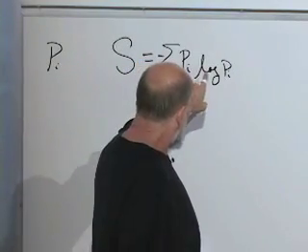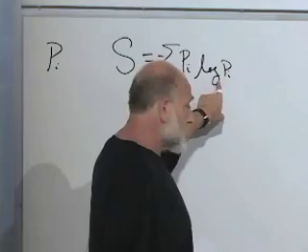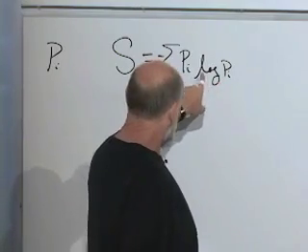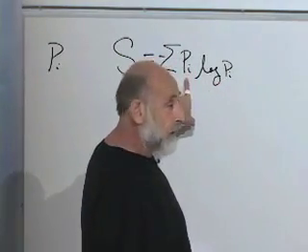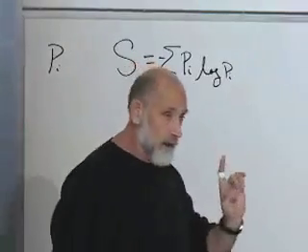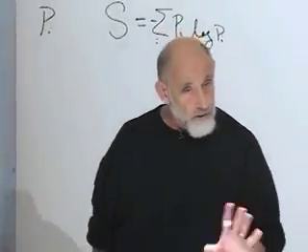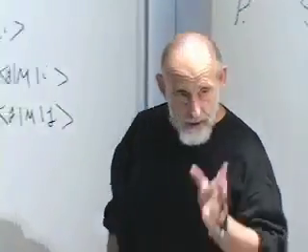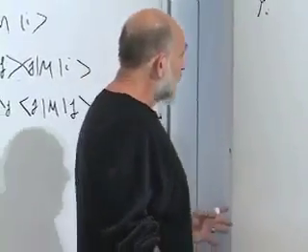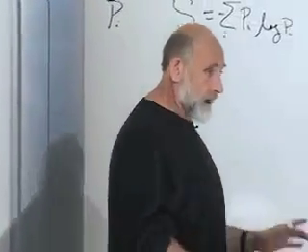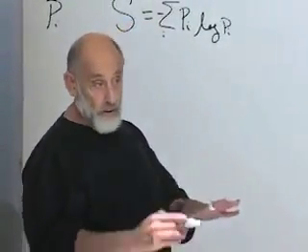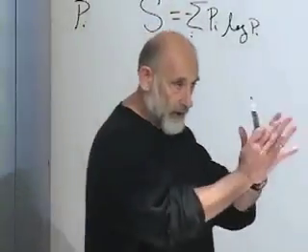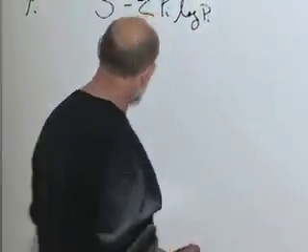Logarithm of 1 is 0. On the other hand, all the other p's are 0. So in that case, if you have complete knowledge, then the entropy is 0. So 0 entropy means complete knowledge. You know precisely that the probability distribution is peaked at one particular point, 0 everywhere else.